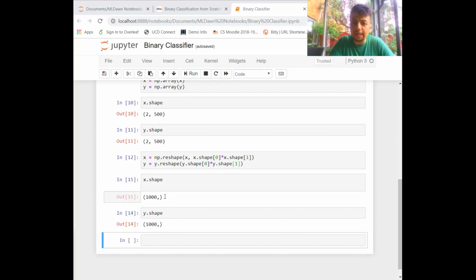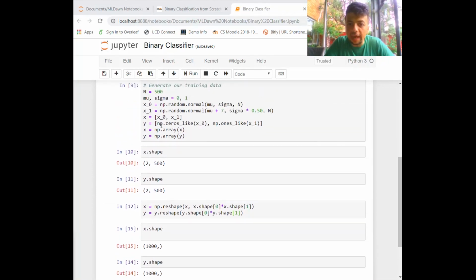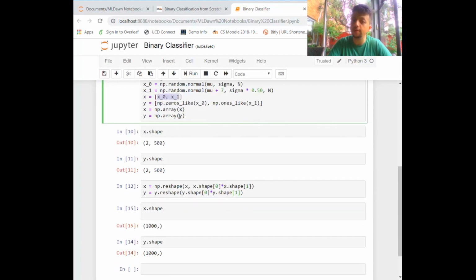And again, let me go up. x0 and x1 are the actual values that we've generated from our normal distribution. So we're going to use x0 and x1 as the actual values of our data, and we're going to pass arrays that have all zeros inside, the same size of our examples, just to make sure for every example there is a y value that is equal to 0.